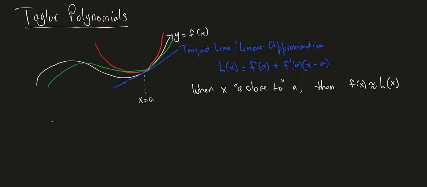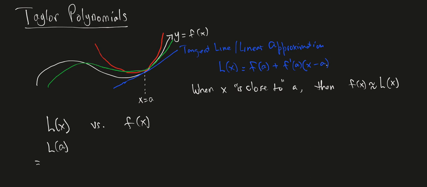So for instance, I'm going to compare L of x versus f of x, right? Let's look at the function value at the point of tangency. If I plug a into my linear approximation, think about what would happen.